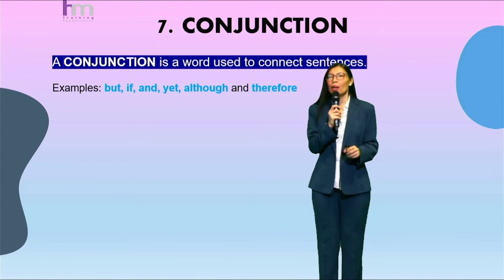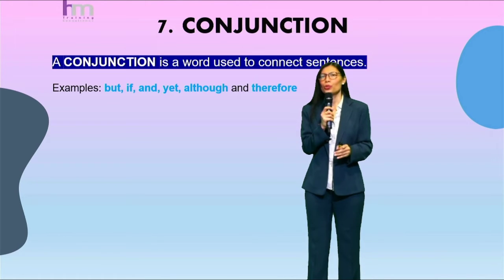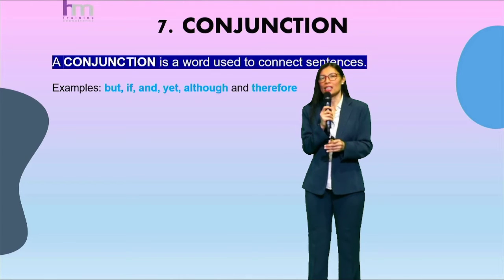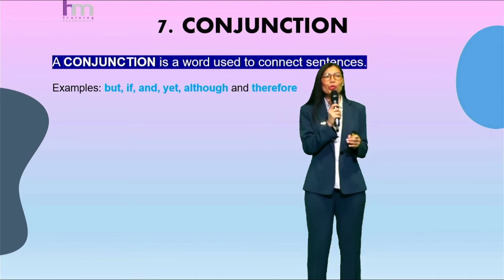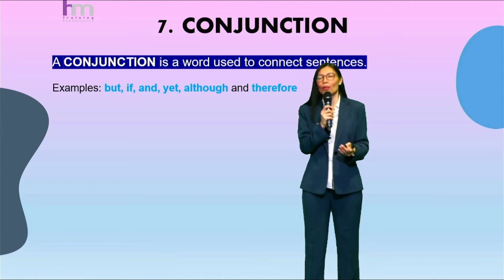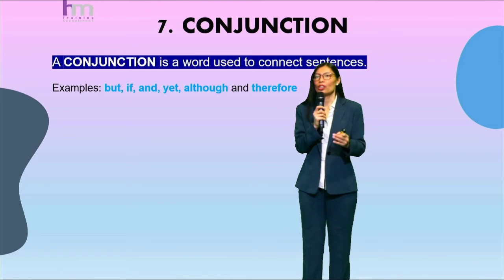For the majority of the time, from what I've seen so far, not many people like to use conjunctions. They would rather use several sentences. I am not sure whether it's because they don't know how to use it, or they're just not familiar. So if you can, try to use conjunctions.